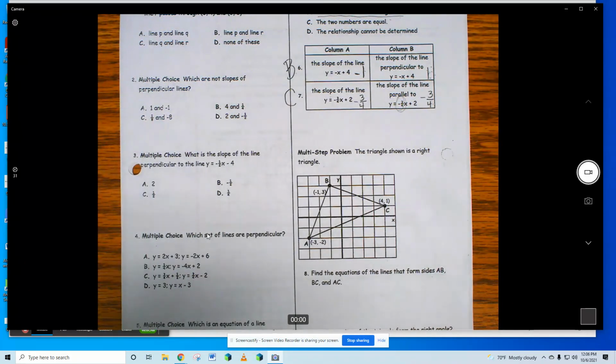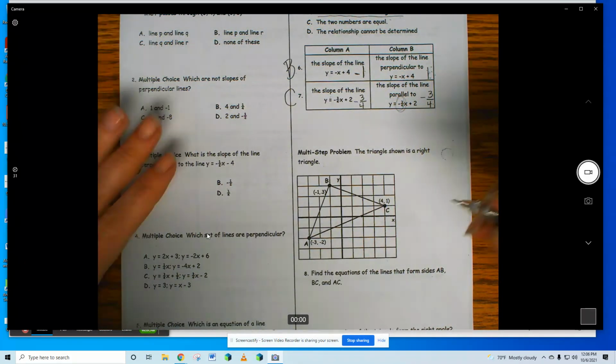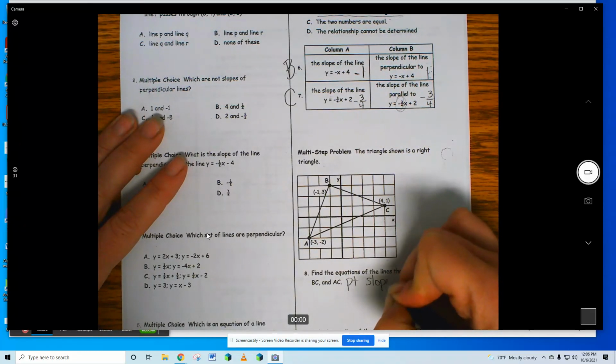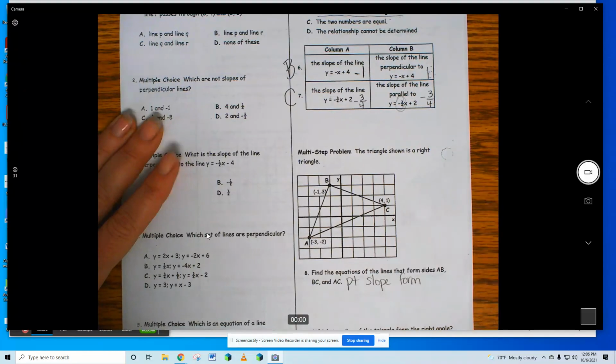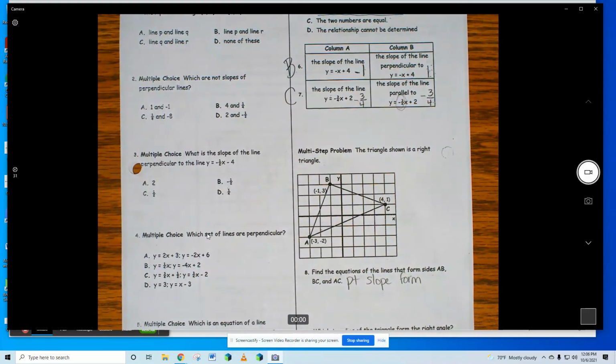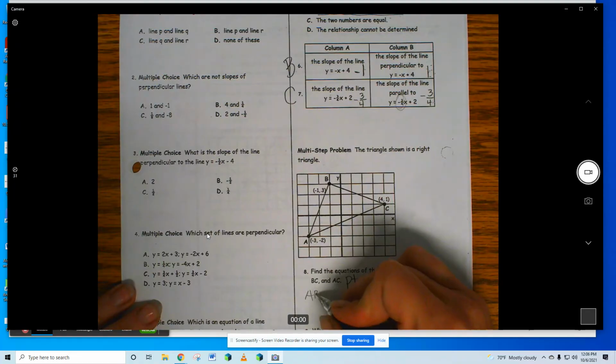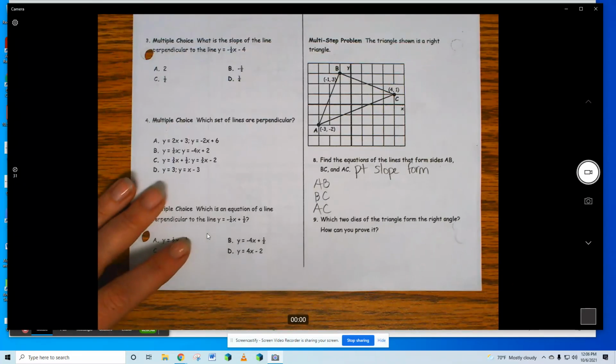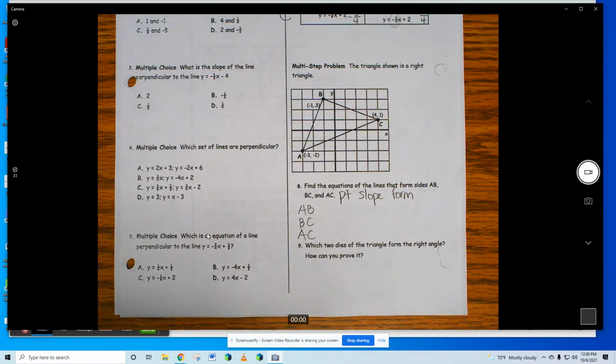You can find the equation of the line. It's okay with me if you put it in point slope form, because all we really care about is these slopes. Are they perpendicular? That's number 8. Put them in point slope form, but you have to do all 3: AB, BC, and AC. There are going to be 3 things there.